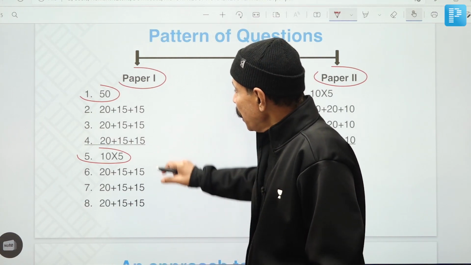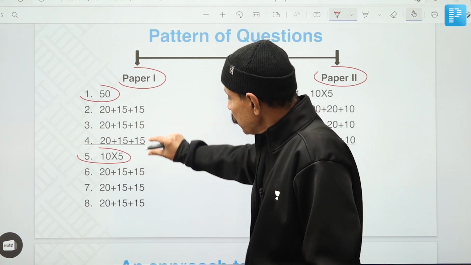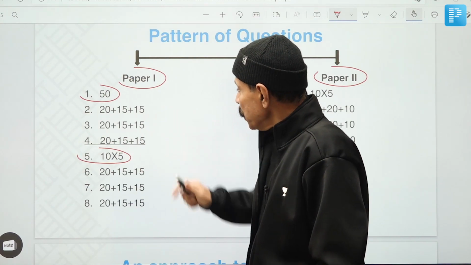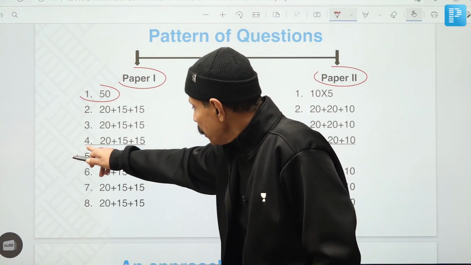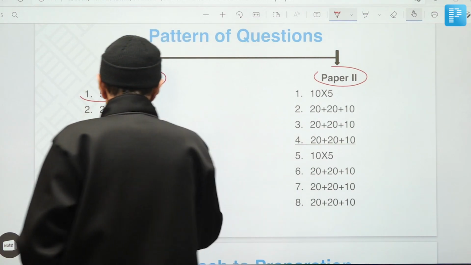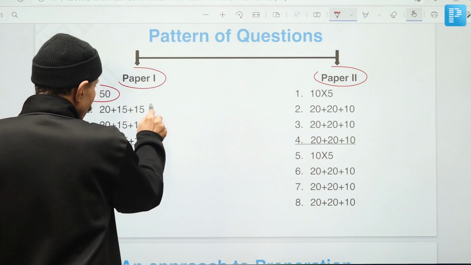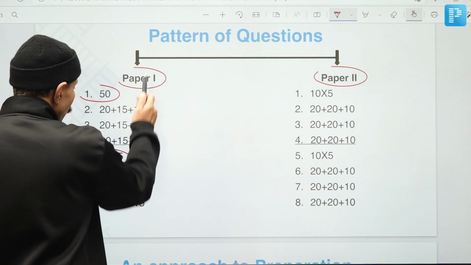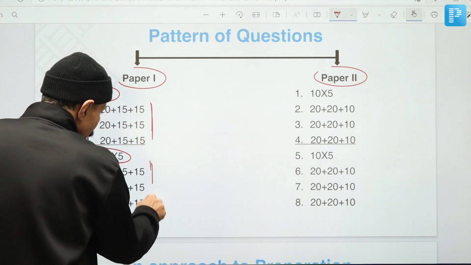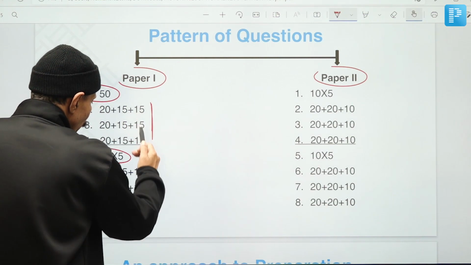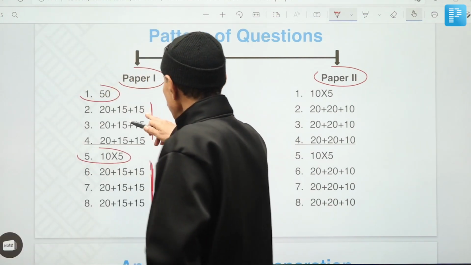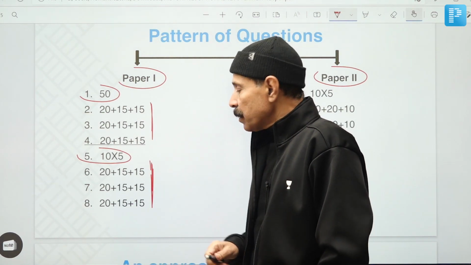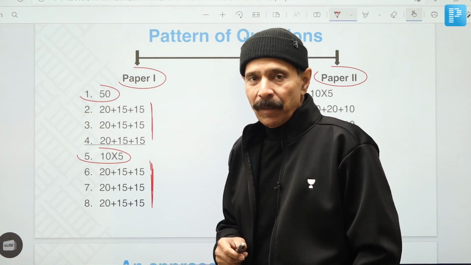This means either 2 from this section and 1 from this section, or 2 from this section and 1 from this section. And I've shown here a divide line, because this represents section A of paper 1, and this represents section B of paper 1. Section A is Ancient Indian History, as I have said, and section B is Medieval Indian History.